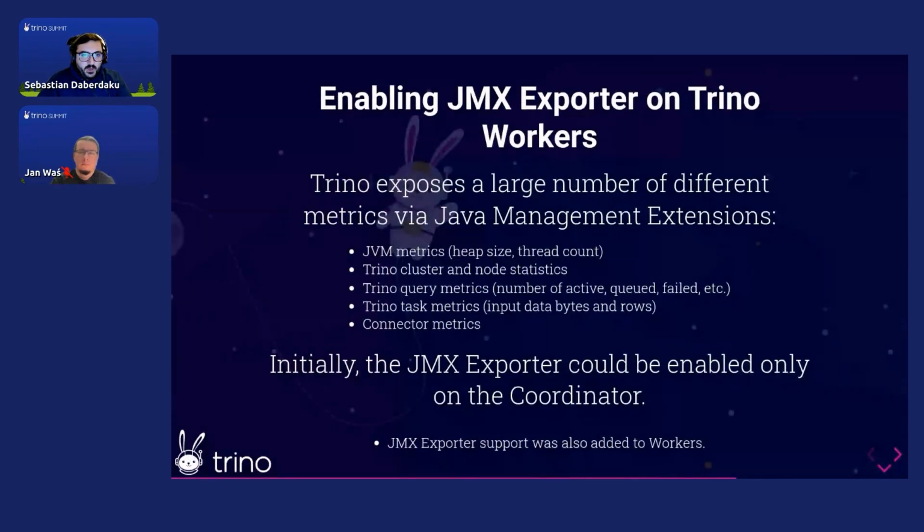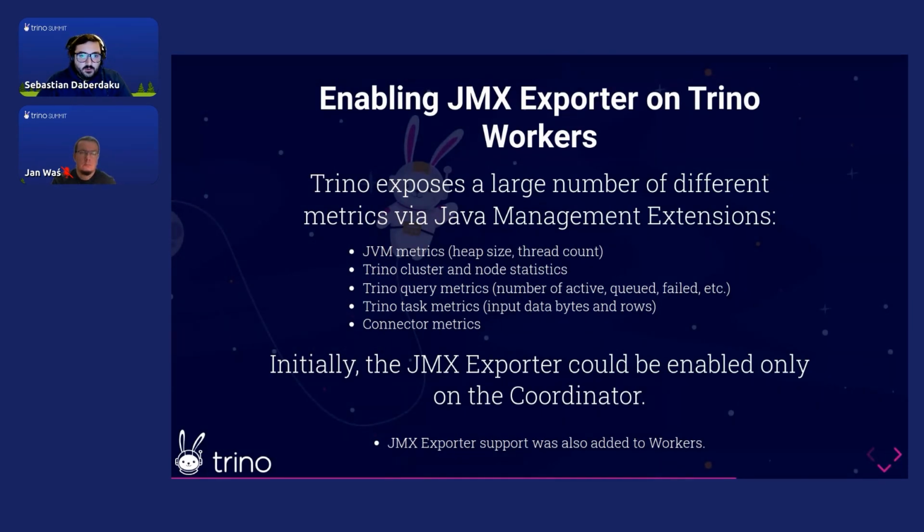Another contribution that I made to the chart was enabling the JMX exporter on Trino worker nodes. JMX can be used to collect a large variety of metrics, including the ones shown here in the current slide. Now, some of these metrics are worth monitoring also on the worker nodes. Originally, before my contribution, the chart was exposing only the JMX metrics of the coordinator.